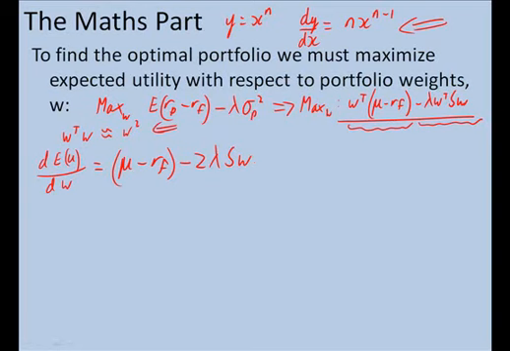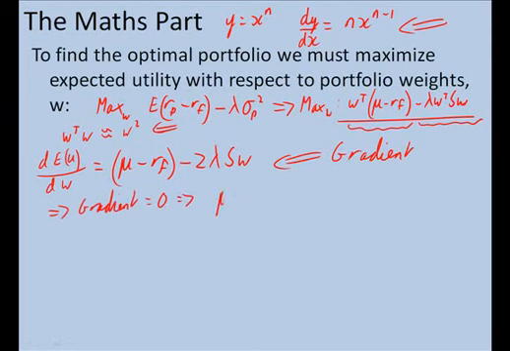To solve the investor's problem, we know that expected utility is maximized when the gradient of the slope is equal to 0. This is the gradient, and we maximize expected utility if the gradient equals 0. So let's just set the gradient to be equal to 0.